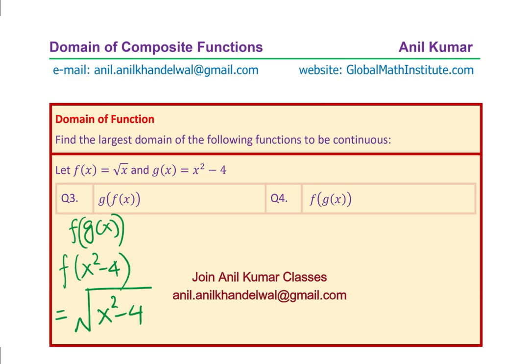Now, as far as x square minus 4 is concerned, it has no restrictions at all. However, when we talk about square root of x square minus 4, we cannot have square root of a negative number, right? So clearly, we can say x square minus 4 should be greater than or equal to 0.